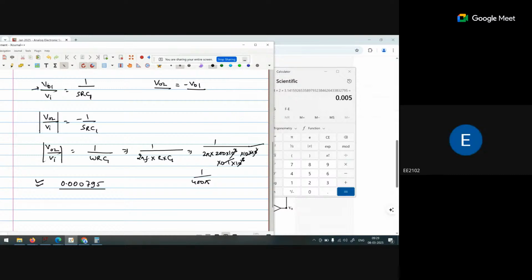So if I put V naught 2 in place of V naught 1, then V naught 2 upon Vi is minus 1 upon SRC1. So can you please explain the concept of this?